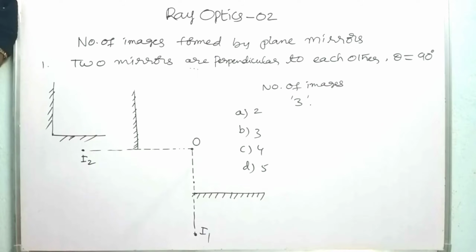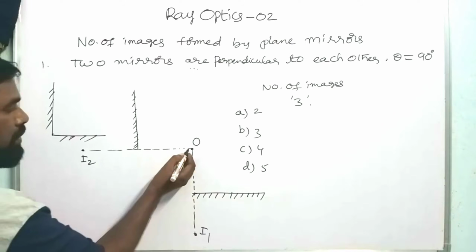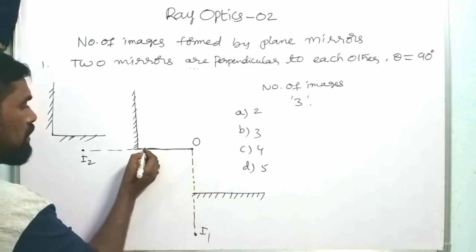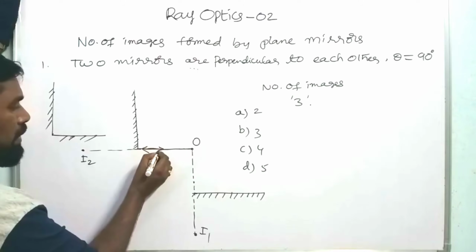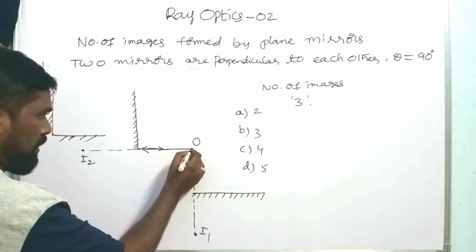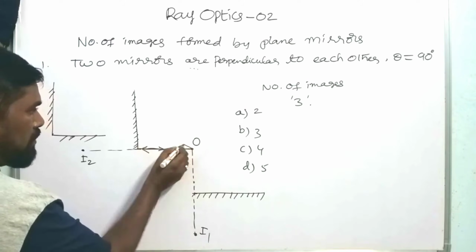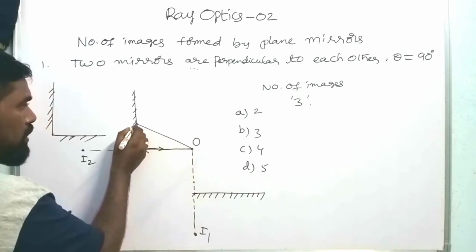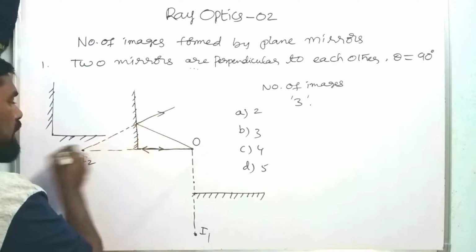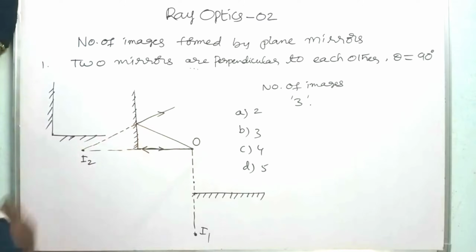In another way, it is not possible. So the ray diagram: the light ray is passing in this direction, it will be incident and reflected back. This is the normal reflection. And similarly, this light ray at this point is reflected, and this is the direction of the reflected ray. This is the image.